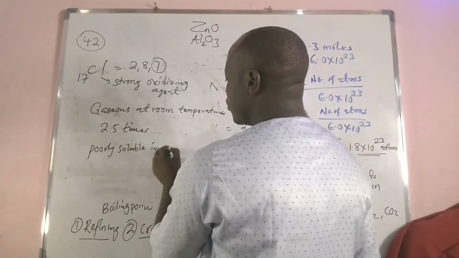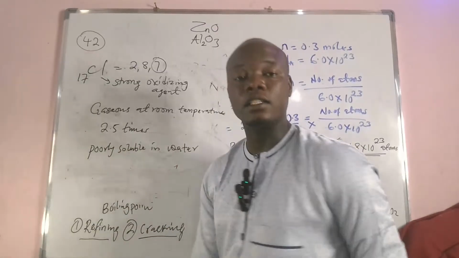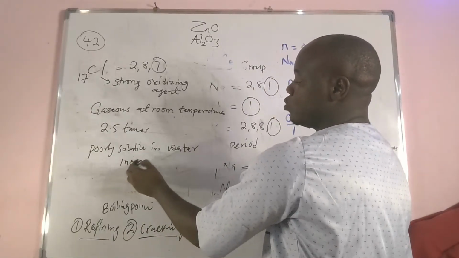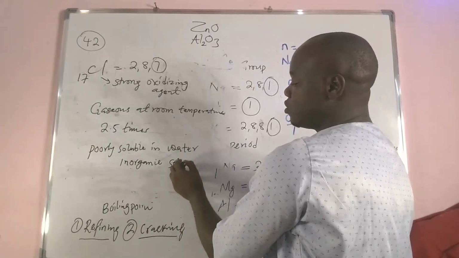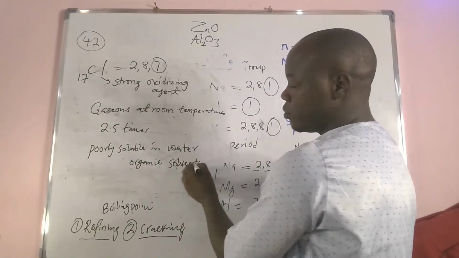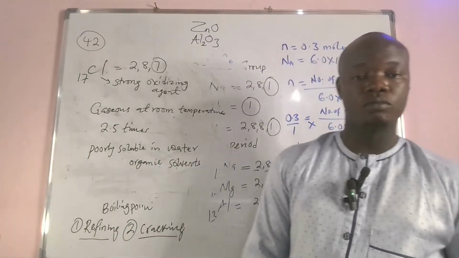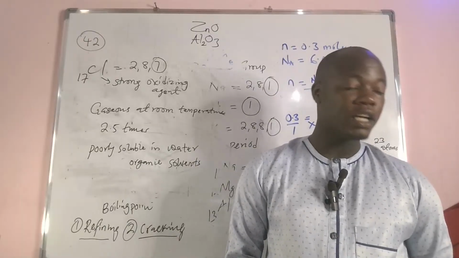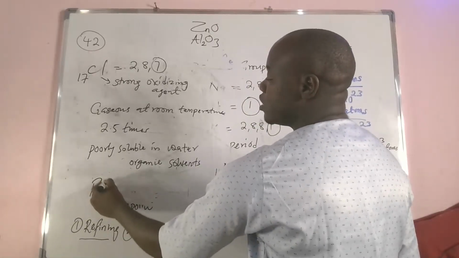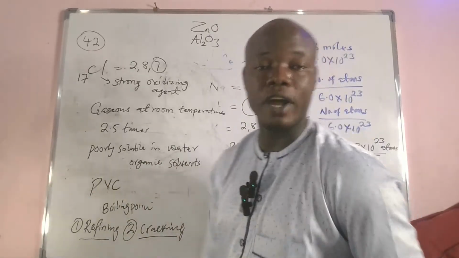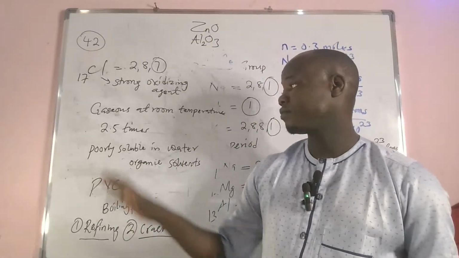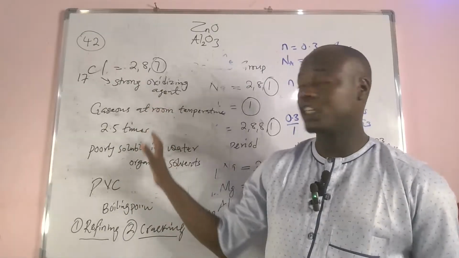Rather, it is more soluble in organic solvents like ether, chloroform, and so many others. So these are some of the properties, and it is also used in the production of PVC, that is polyvinyl chloride. These are some of the properties associated with chlorine.